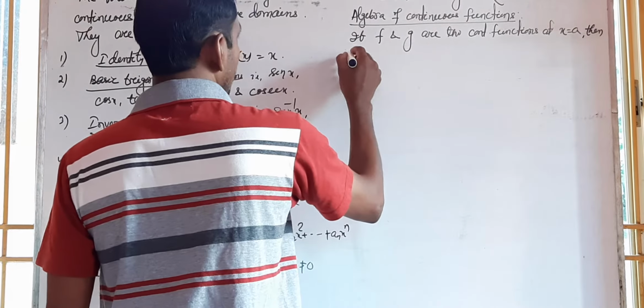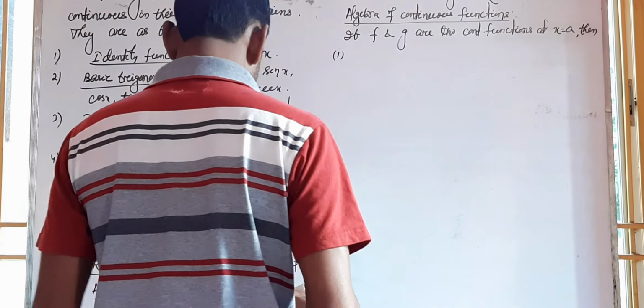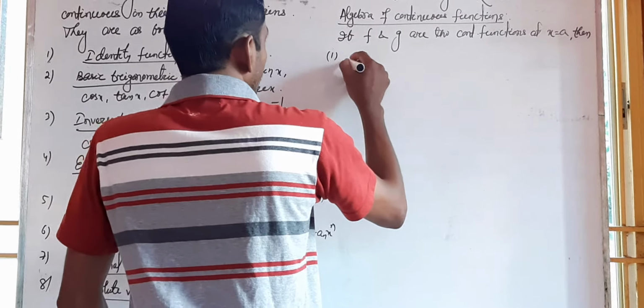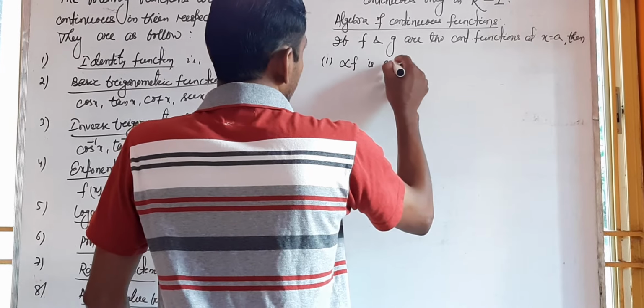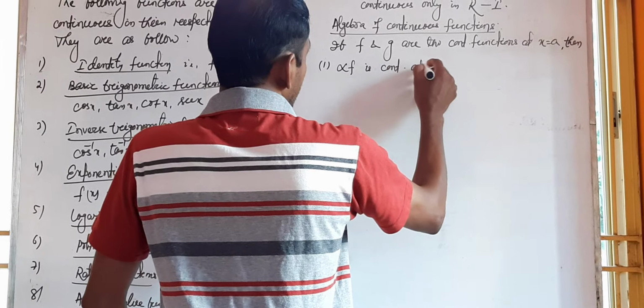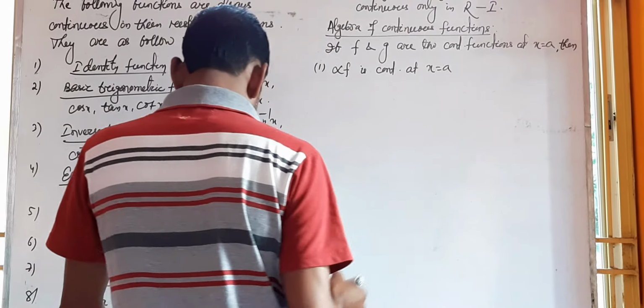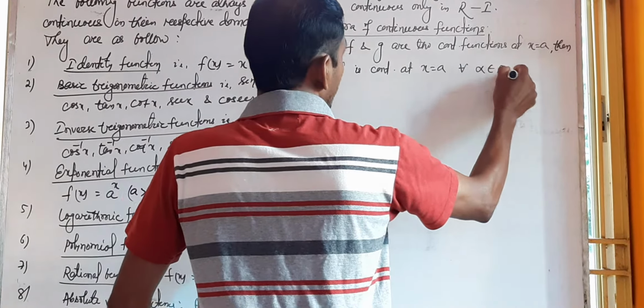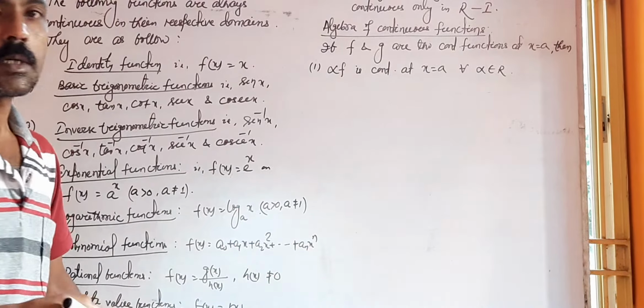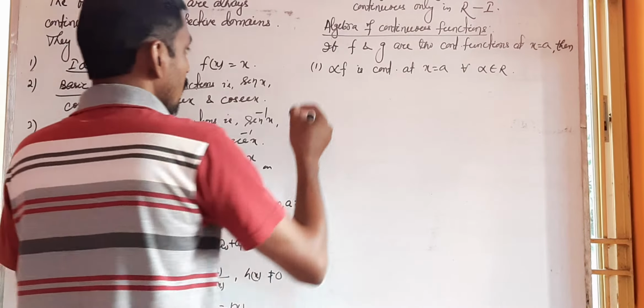Then first, alpha into f is continuous at x equal to a for all alpha belongs to R, which means the scalar multiple of the function is also continuous.